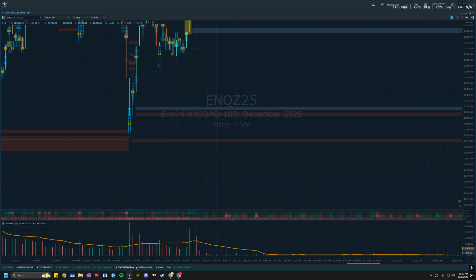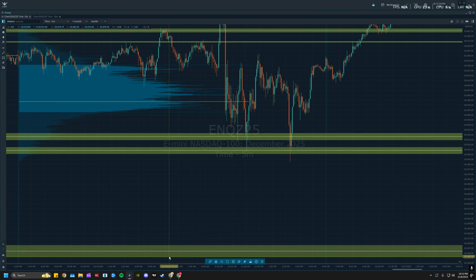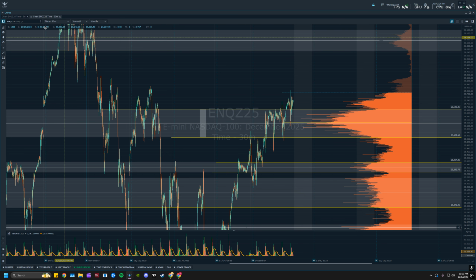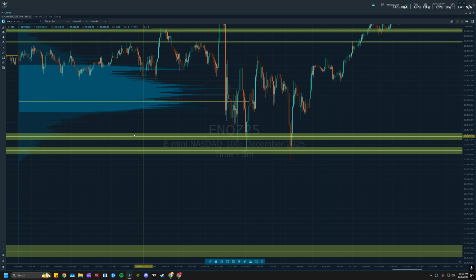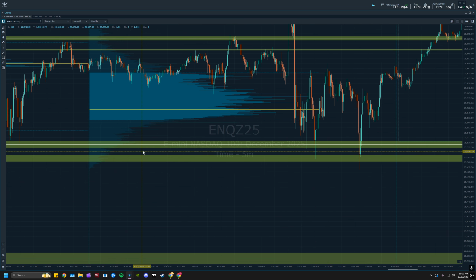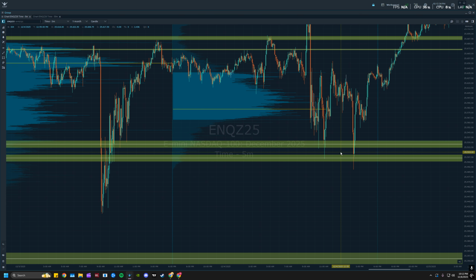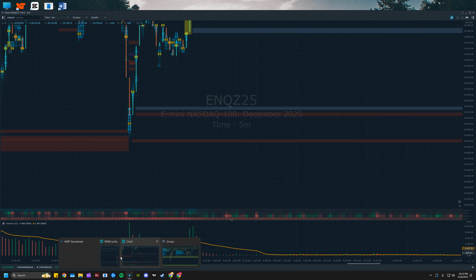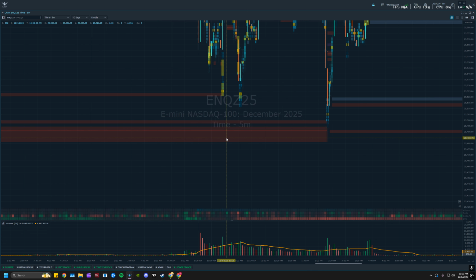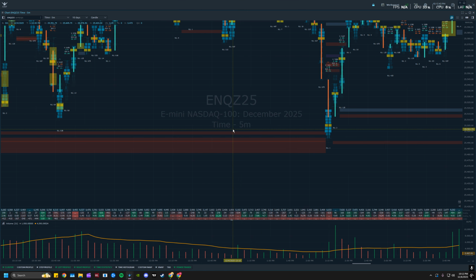This is the area where volume starts to drop off on the 30-minute time frame. This is also the low volume node and value area low of the previous day. So this is a level that we have, and this is also an area where we have an imbalance on the profile. So this was super clean.